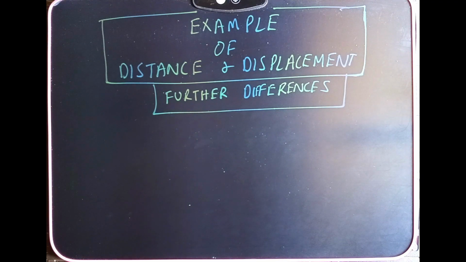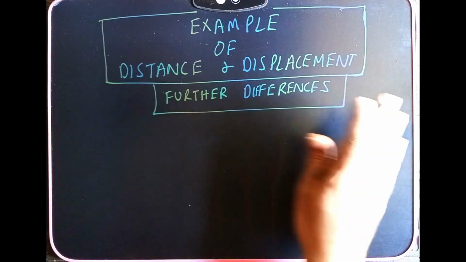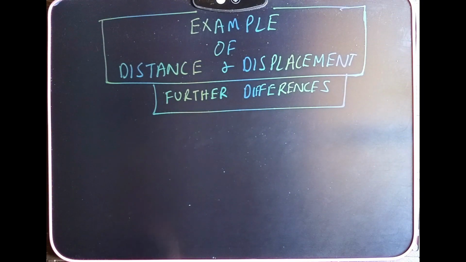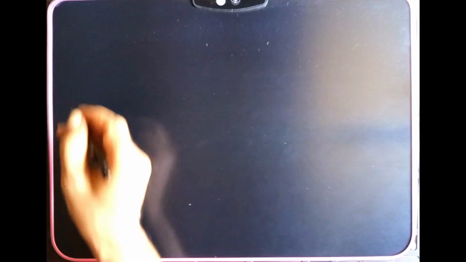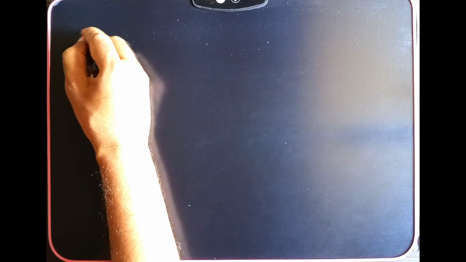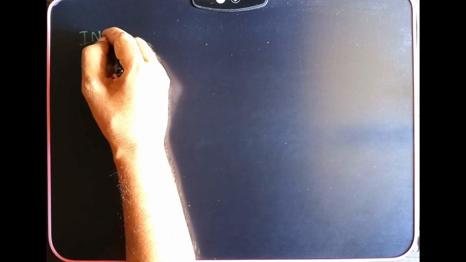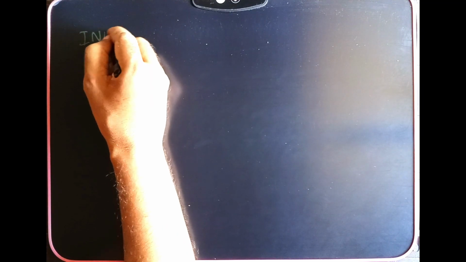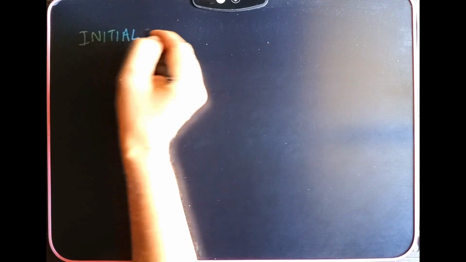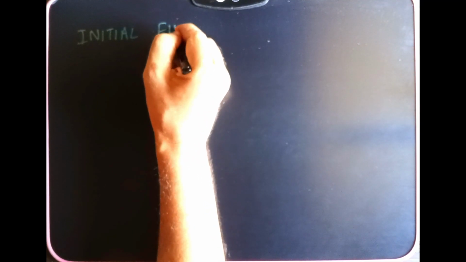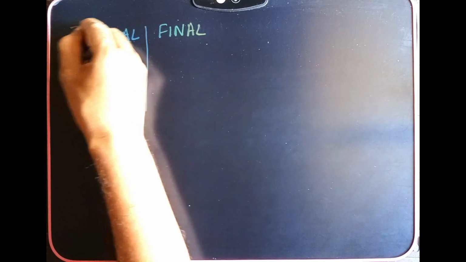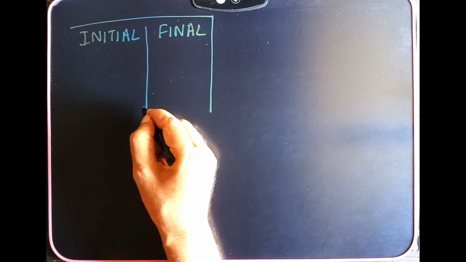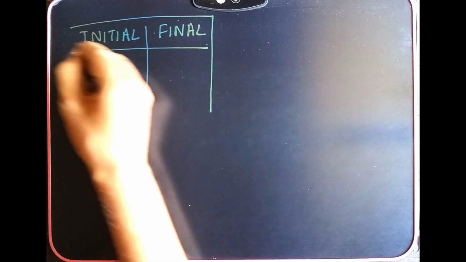Okay. So let us take an example. I'll clear this so that I can take a coordinate system example. I have a table here which says what is the initial and final position of a particular particle.